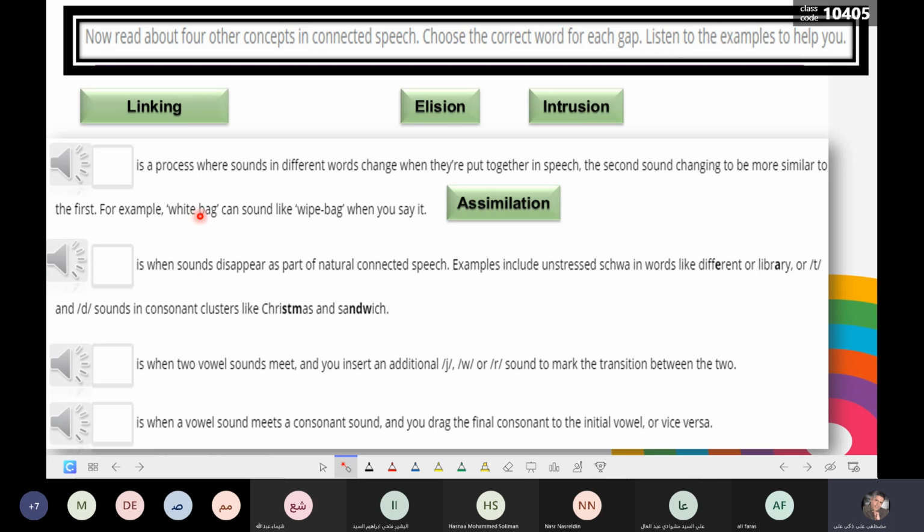So t and b are very similar in pronunciation. So the b sound affects the t sound, so we say white bag.